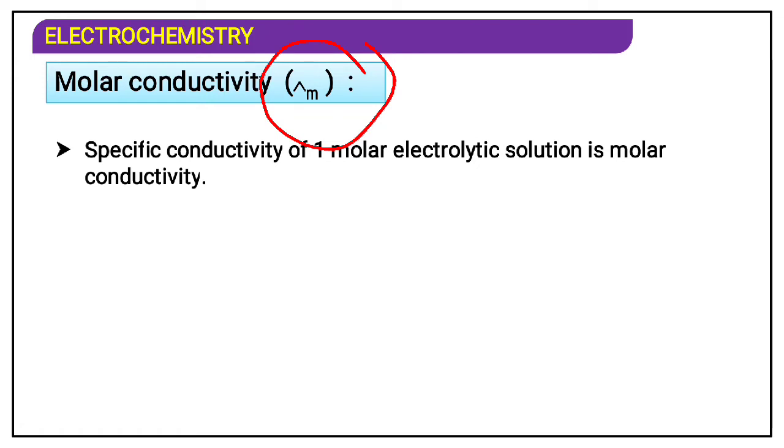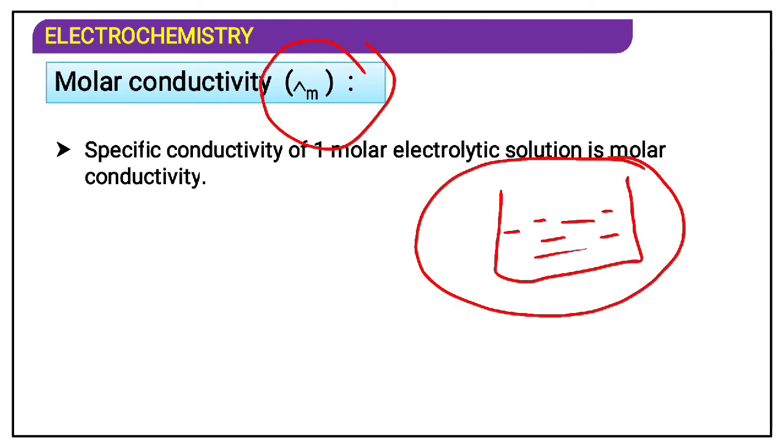If you take the specific conductivity of any solution present at 1 molar concentration, suppose in this beaker there is a 1 molar solution, then how much specific conductivity is shown by this electrolytic solution is called molar conductivity. This is one definition.